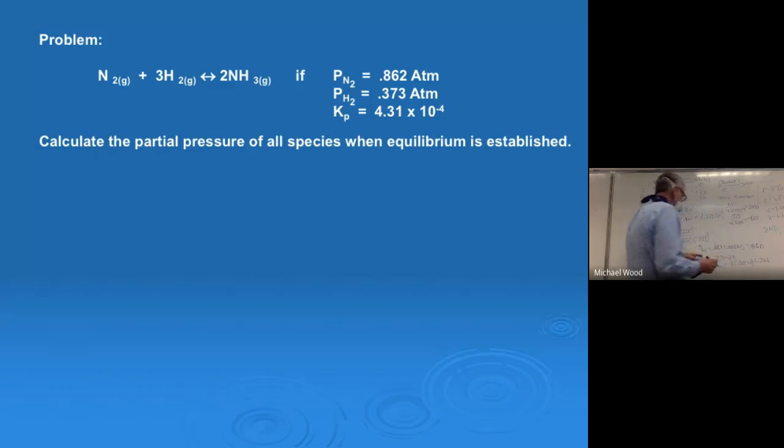Again, you can see that X is really small, and this is why ignoring it is okay. We're talking about the 1,000th spot. And then for the NH3, it's 2X. So it's 2 times 0.00220, which gives me 0.0044.